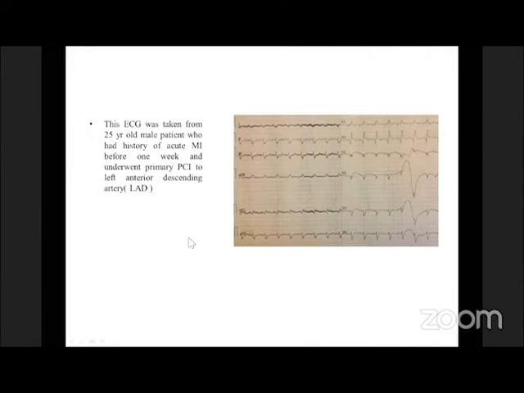This ECG was taken from a 25-year-old male patient who had a history of acute myocardial infarction one week before and underwent primary PCI of the left anterior descending artery.